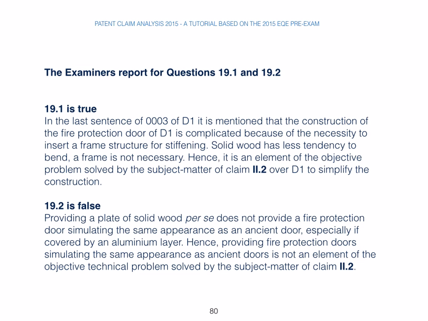For statement 19.1, I find that the examiner's explanation of simplification is both plausible and well-based. For 19.2, I note that the appearance of an ancient door would be regarded as non-technical, but providing a door with the appearance of an ancient door could solve a technical problem.